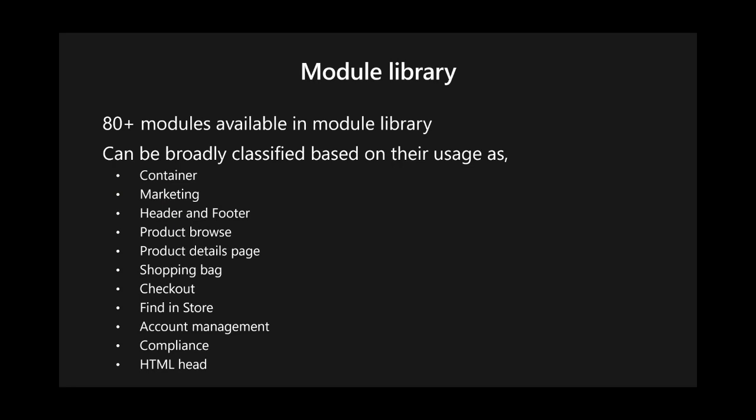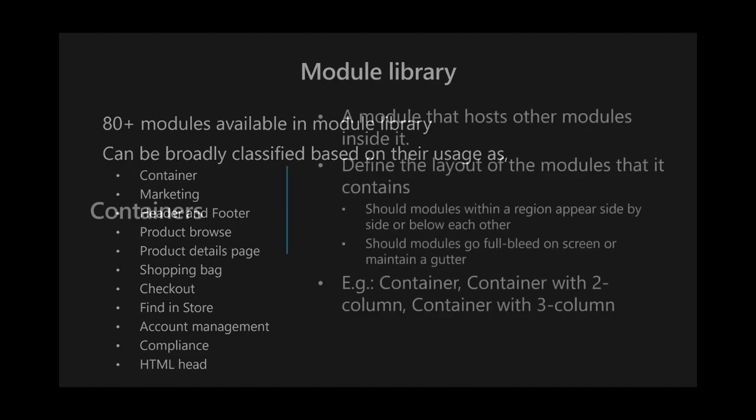Now, these can be broadly classified based on their usage as container, marketing, header, footer, product browse, product details, etc. Really, the classification here is based on the intended usage or the pages that they're being used on. Just to give you an overview of the different modules that we ship out of box.